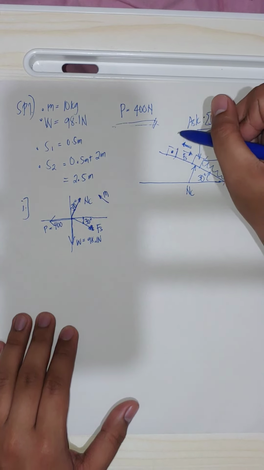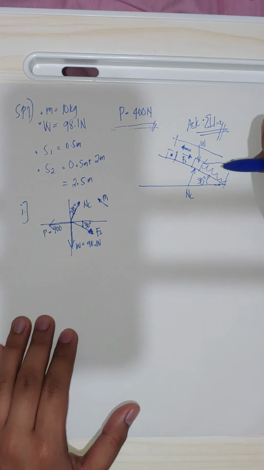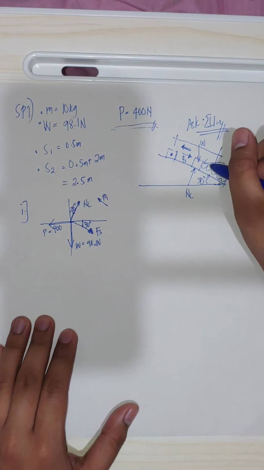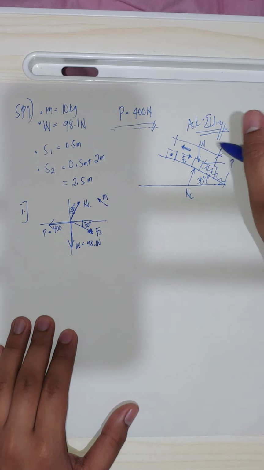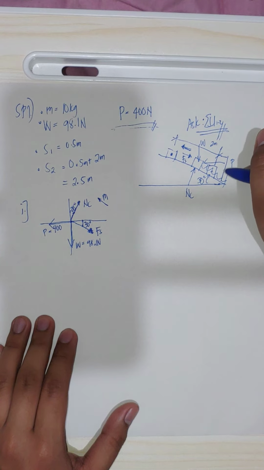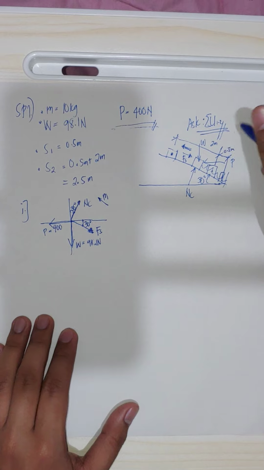It says it moves 2 meters from the first stretch. Let's say the first stretch is here. So this is 2 meters. And at first the spring was already stretched 0.5 meters.